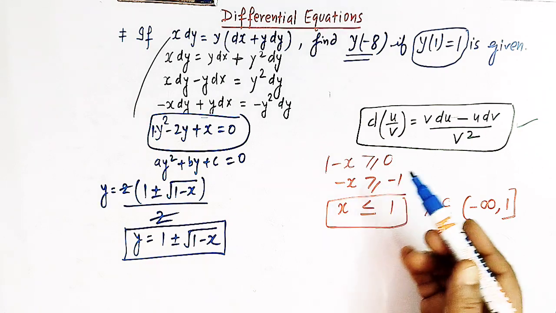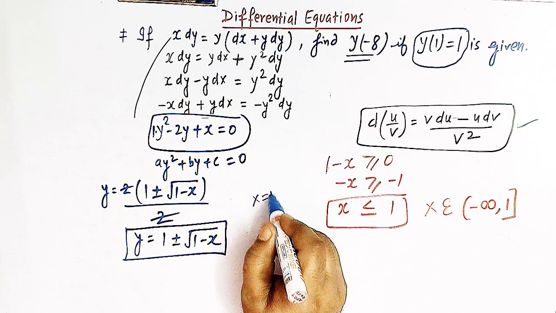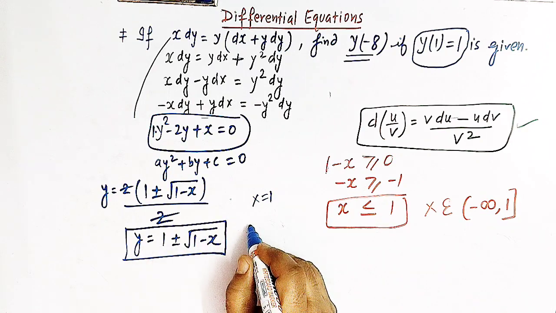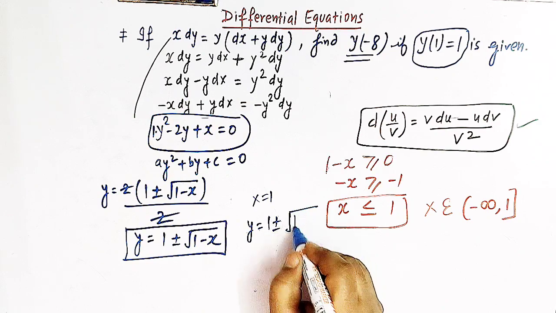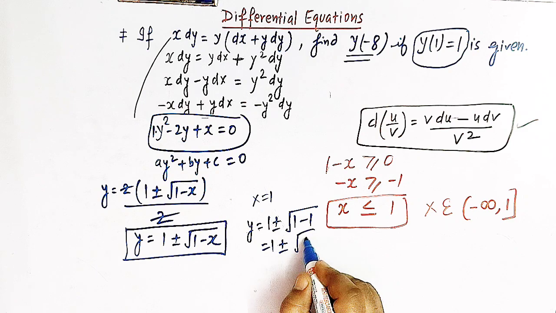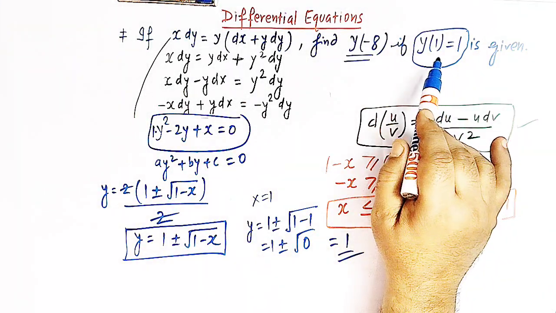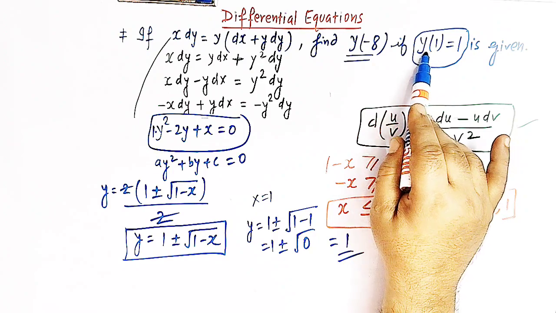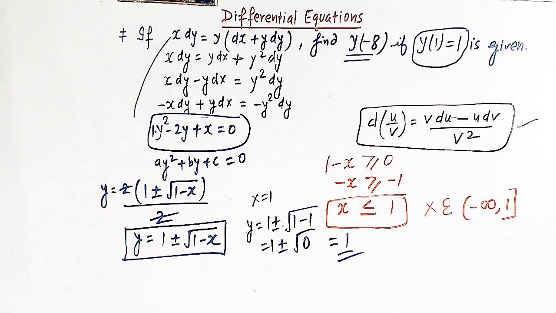So here we can easily see that when x is equal to 1, we have y is equal to 1 plus minus square root of 1 minus 1. That is 1 plus minus square root of 0. So this is simply 1, right? And which is our original condition, which was already given in the question.